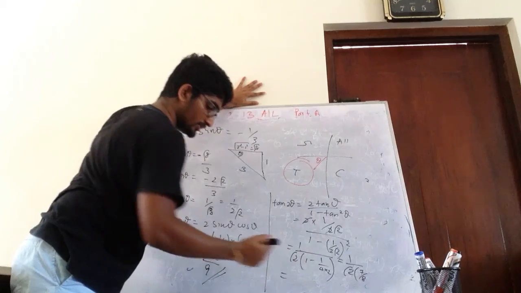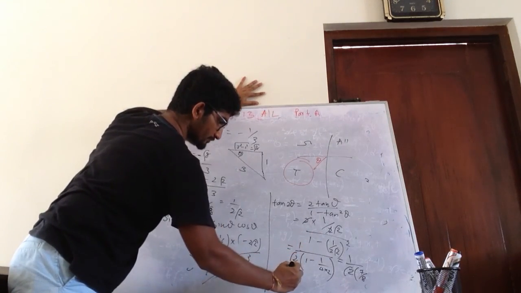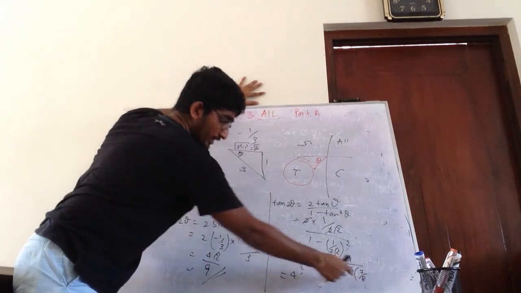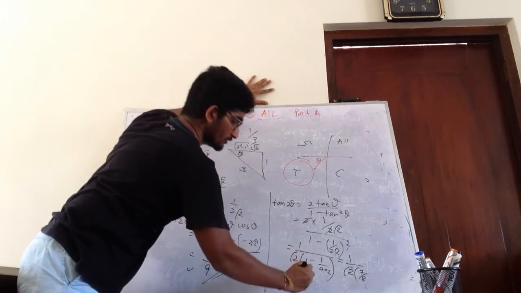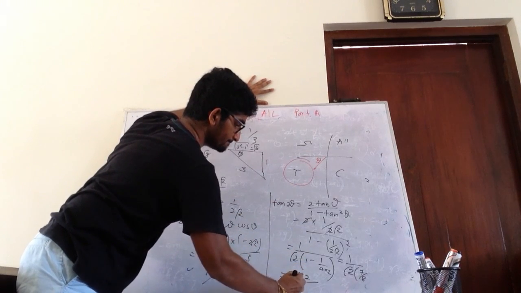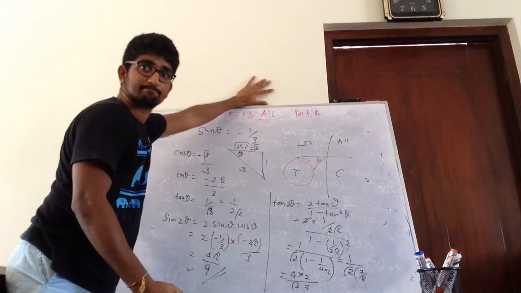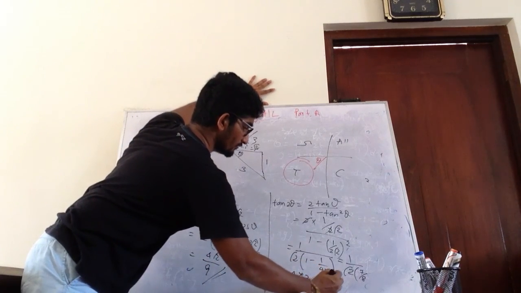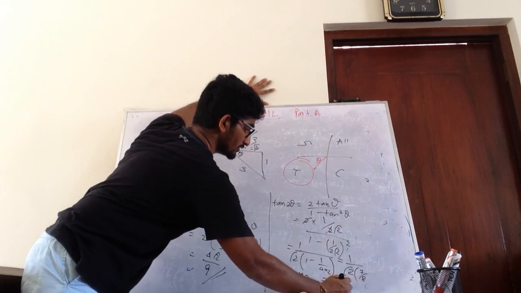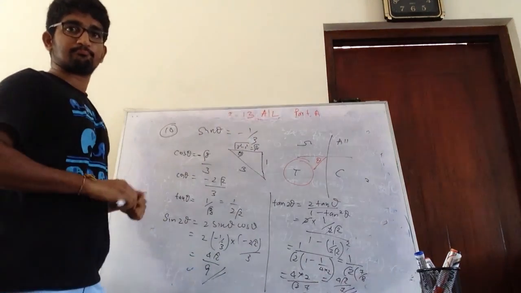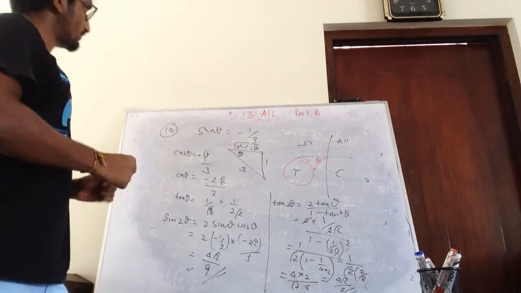So if you put this up, it can be written as 4 into 2, right? So 4 square root of 2 over 7. Right? That's done.